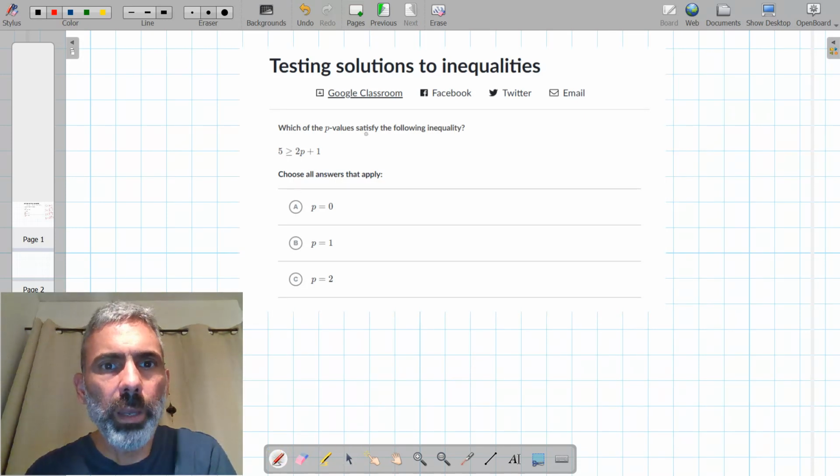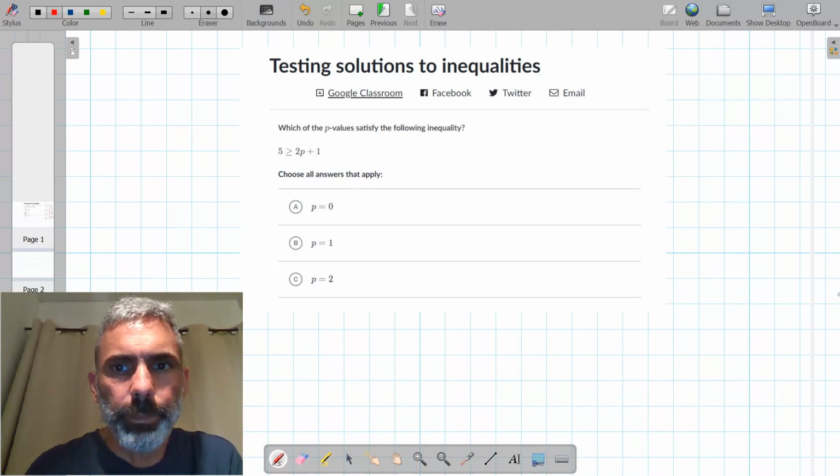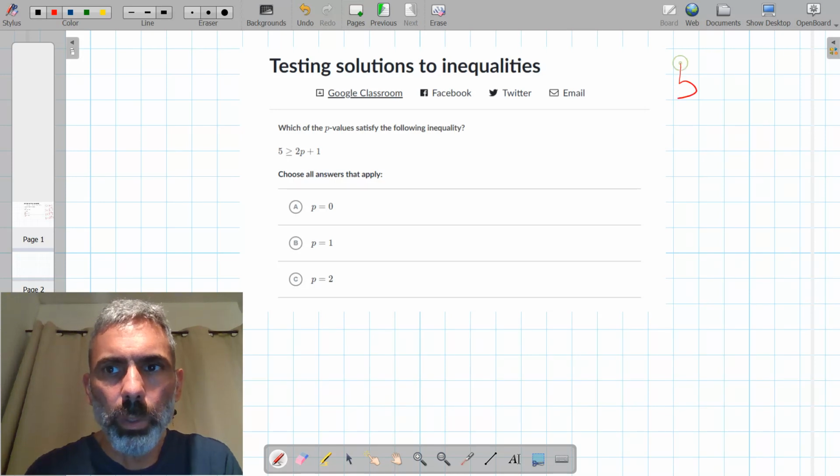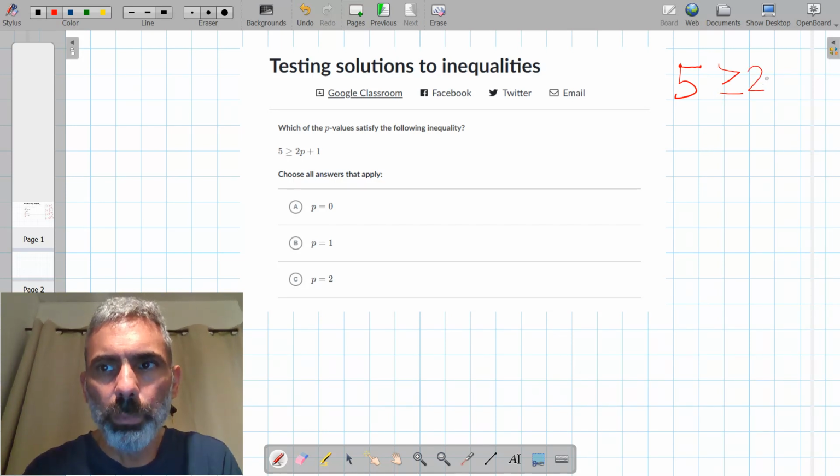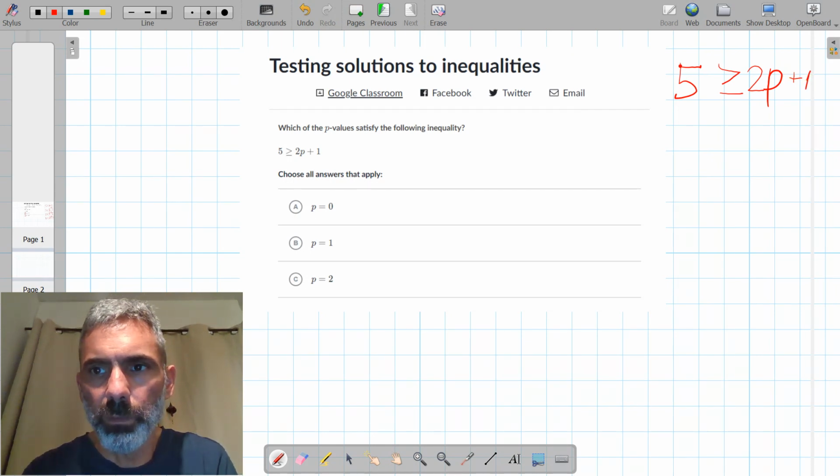Which of the p-values satisfy the following inequality? Okay, so the inequality is 5 is greater than or equal to 2 times p plus 1. Option A, we need to plug in 0 instead of p.